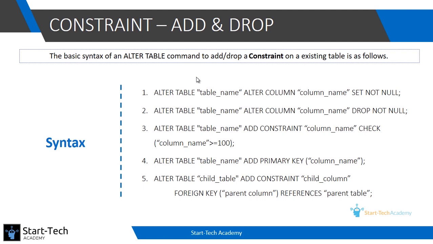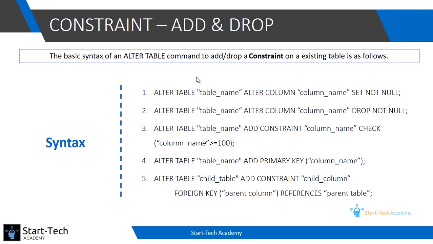To do that, we will need to add that particular constraint to our table. To add that constraint, this is the syntax: alter table, table name, alter column, column name set to not null. So this particular column cannot be null.